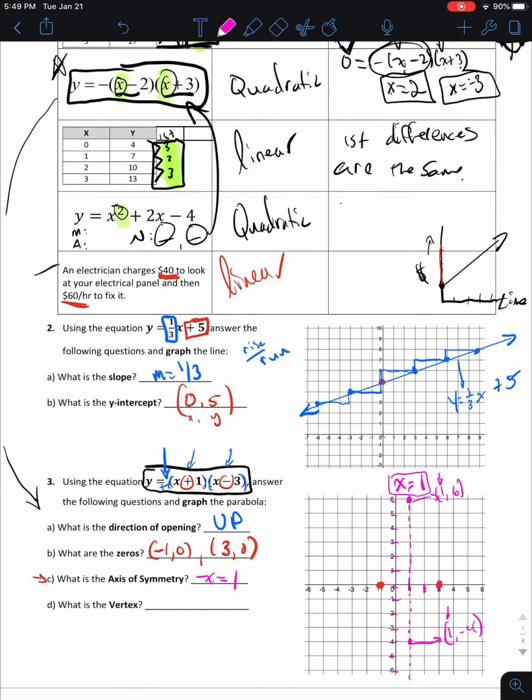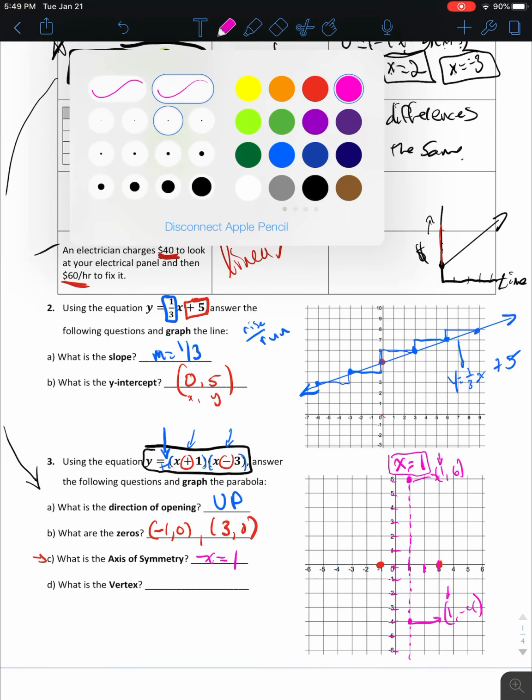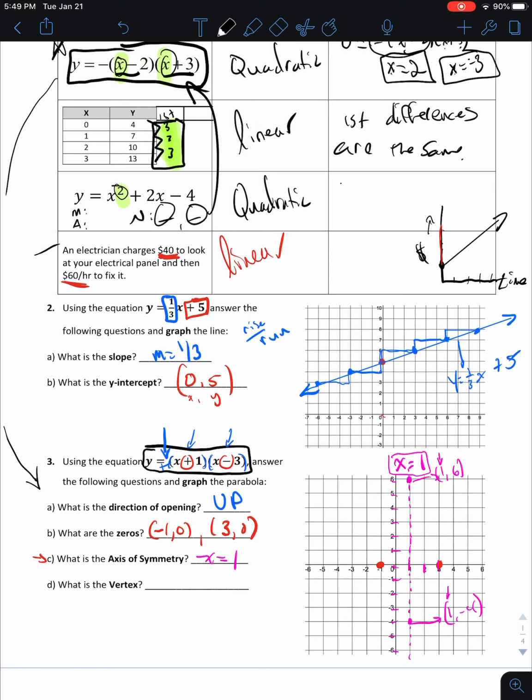Once I know the axis of symmetry, this acts as an input into my machine, being this equation here. Okay, so I'm just going to rewrite it. y equals (x plus 1) multiplied by (x minus 3). This is like a machine, right? This piece is the machine. This piece here is the output, right?